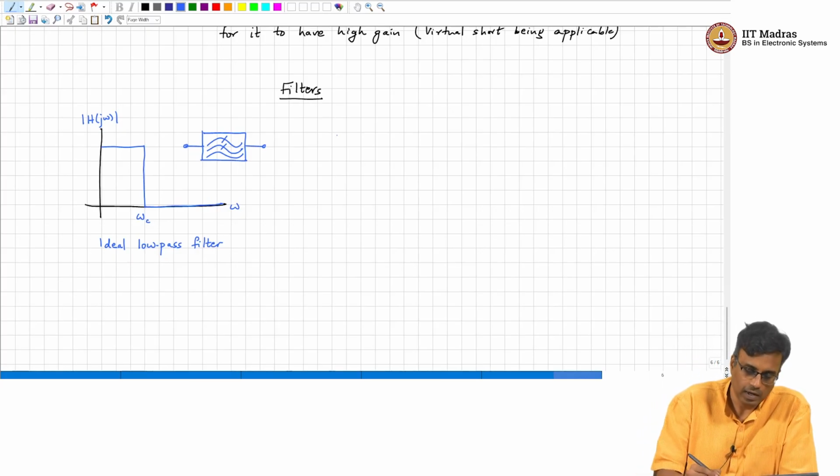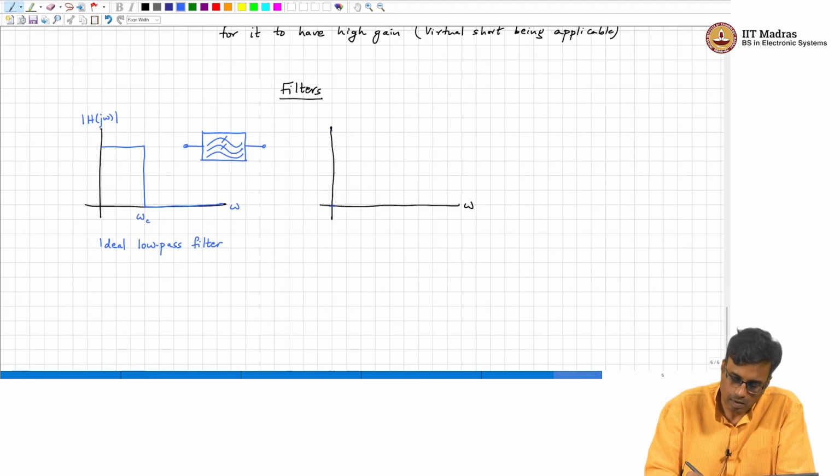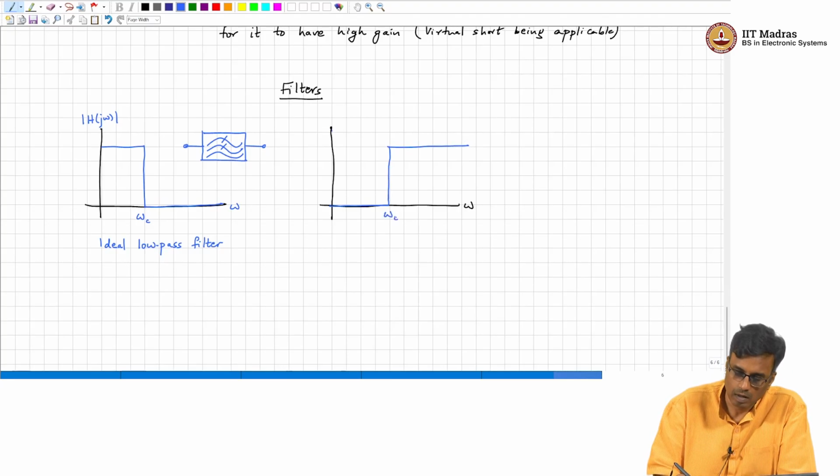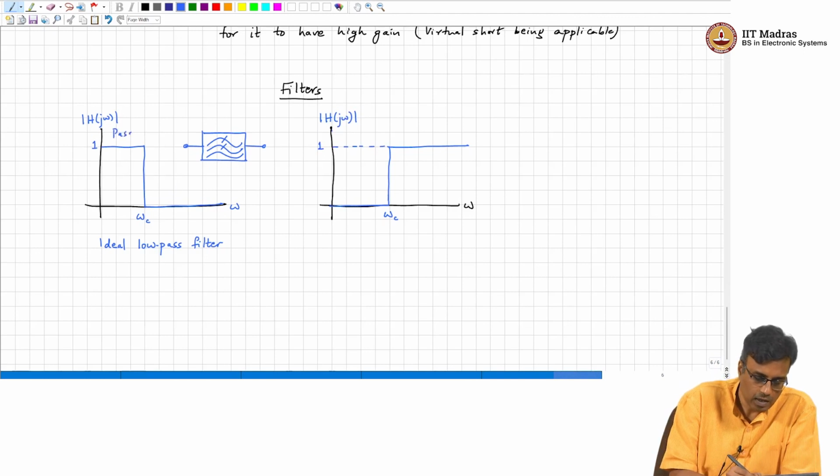This on the other hand, omega c, this is mod H of j omega. So, this is called the pass band, and this is the stop band.